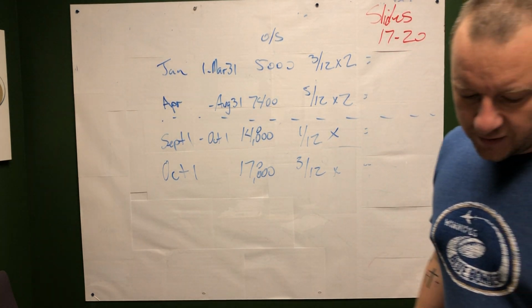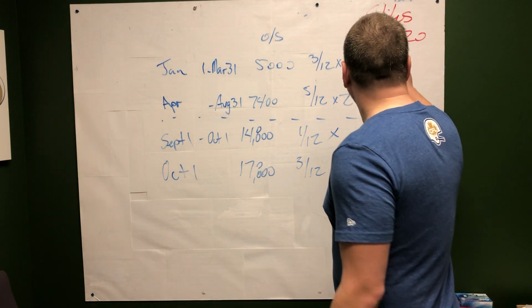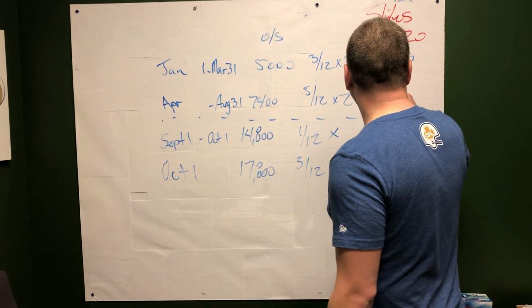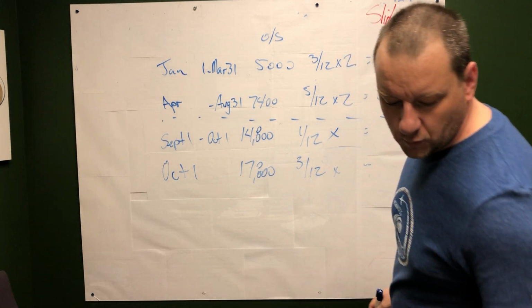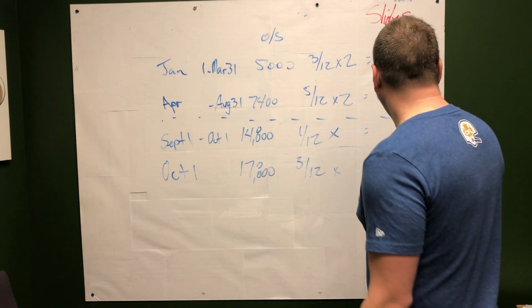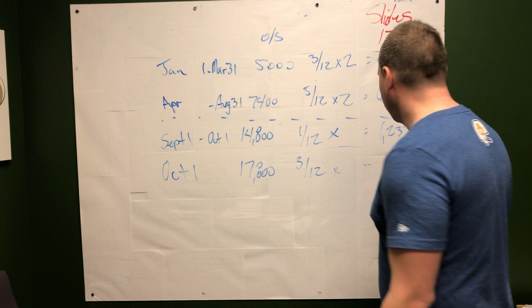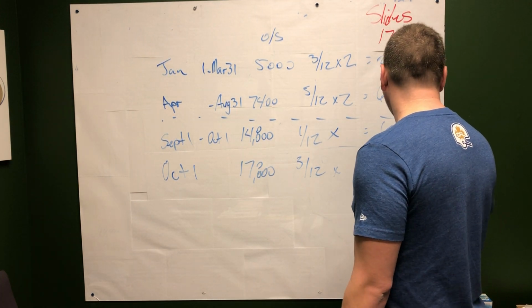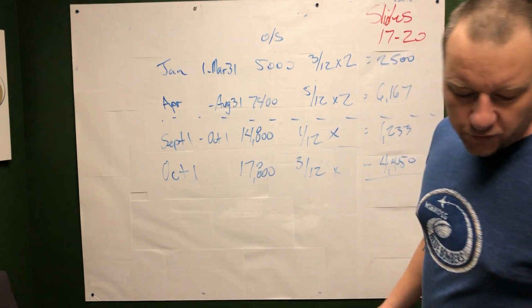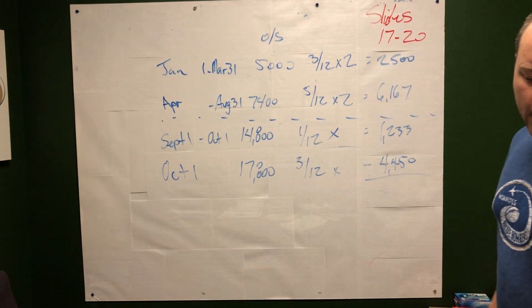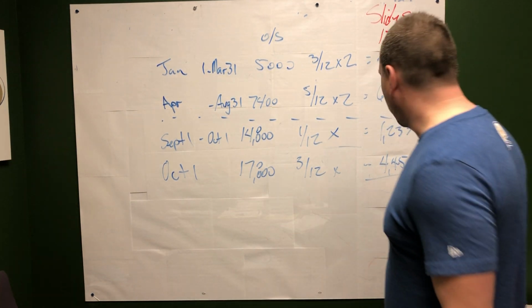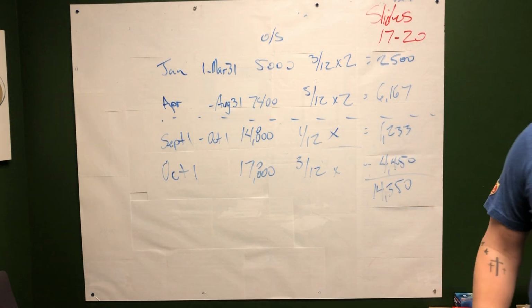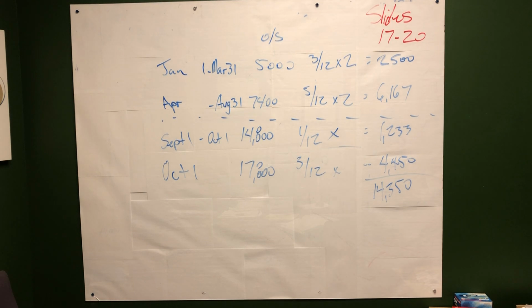And again, just like it has in the textbook, 2,500, 6,167, 1,233, and 4,450. So for a total weighted average of outstanding shares of 14,350. So this pertains to the common shares.